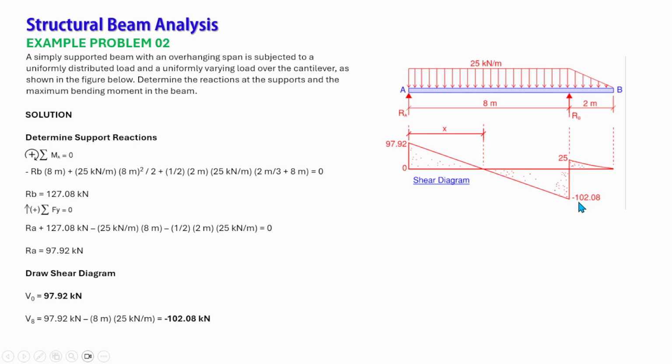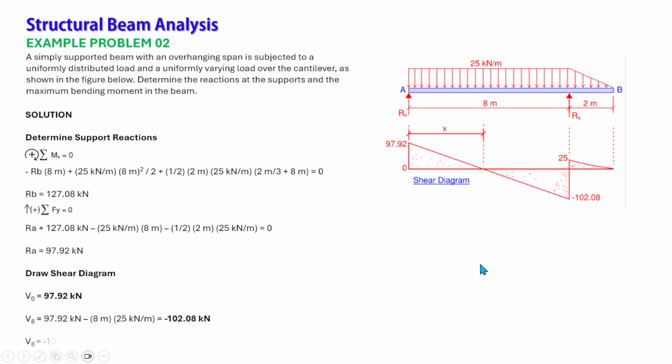So we have here negative 102.08, and this is linear because from point A up to this point our load is uniform. So this is first degree, so linear.